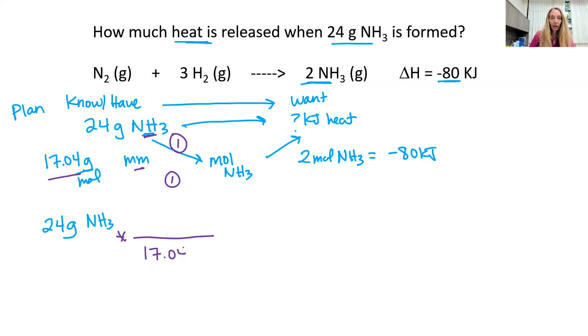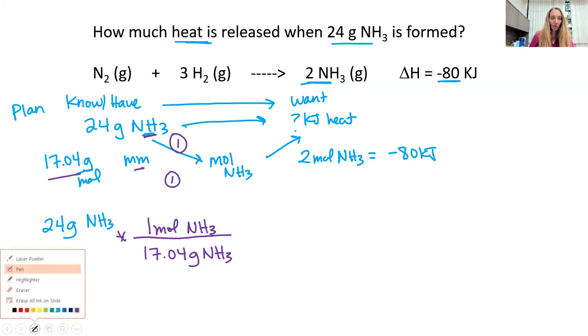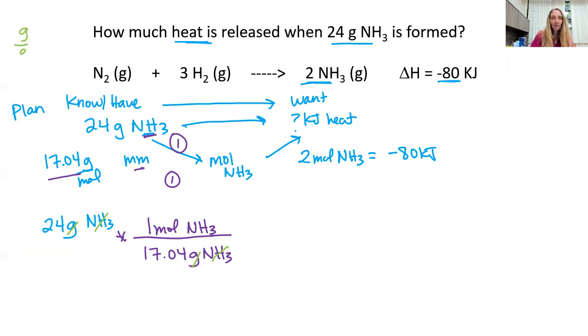So 17.04 grams of NH3 equals 1 mole of NH3. Okay, so that's my next dimension. And if you look, grams at the top cancels with grams at the bottom. NH3 at the top cancels with NH3 at the bottom. And I say cancels, but if you take grams divided by grams, same number, it equals 1. So we can cancel that out because it basically reduces down and equals 1.